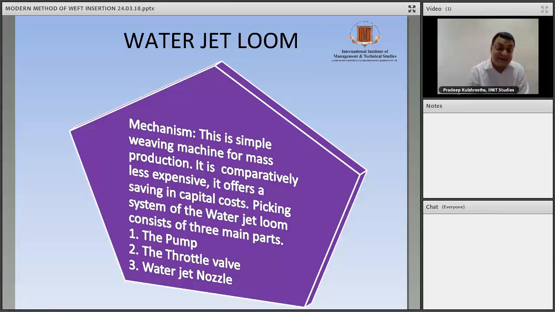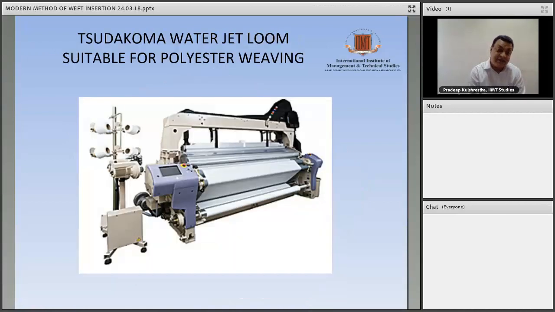The Surat market is still working on these machines, as the cost is economical and the machine is very simple. There is a pump which gives the water for weft insertion, a throttle valve which changes the water direction for two-color weft insertion, and water nozzles, obviously. Now this is the Tsudakoma water jet loom. There is a microprocessor again, so certain information can be put here.